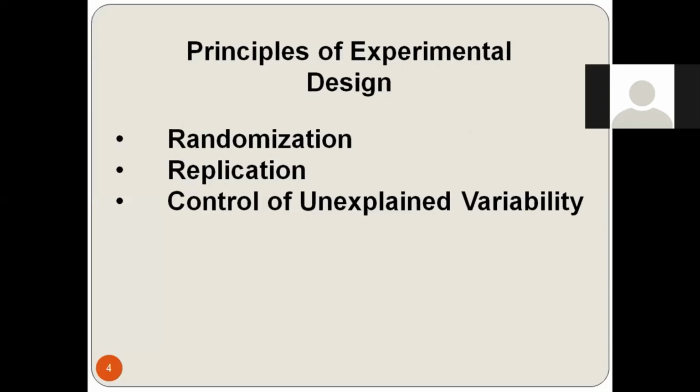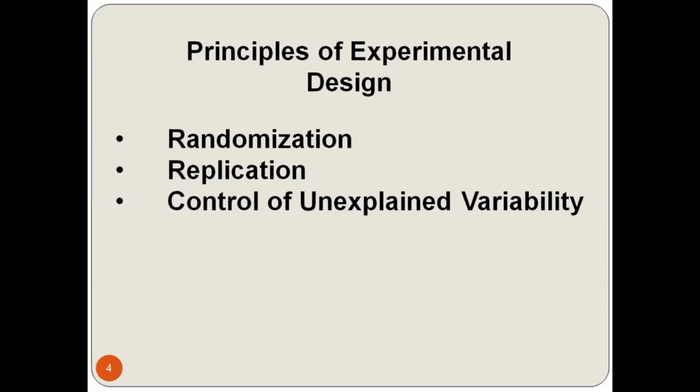So we do randomization to obtain the unbiased estimates. How to do the randomization? Without giving any priority to any of the experimental unit, we give the treatment. That is called randomization. We learn about that, right?